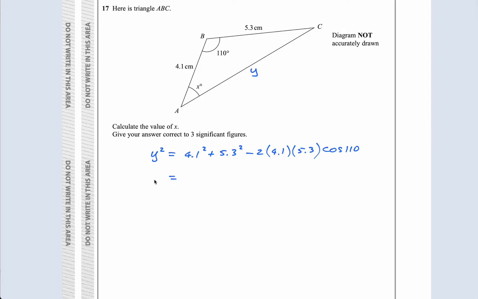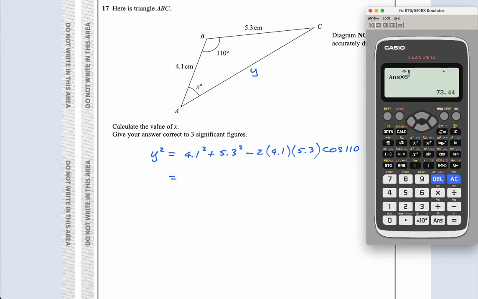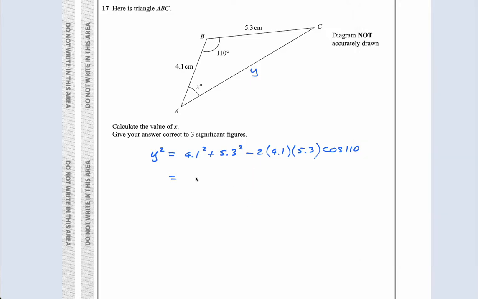And then I can just work this out on my calculator. So this is 4.1 squared plus 5.3 squared minus 2 times 4.1 times 5.3 times cos of 110, and that equals 59.764.